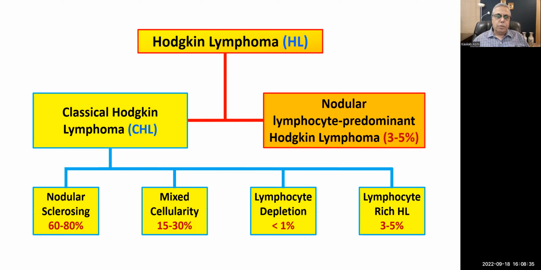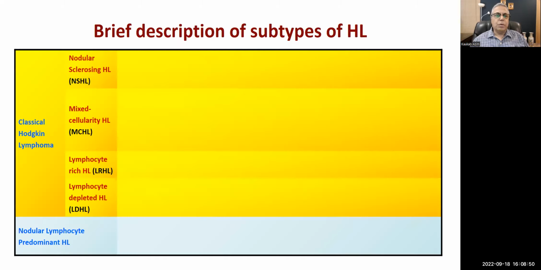Okay. So this is the division or classification that I expect you to know. In these cases, most of the times we have got certain protocols that are more or less the same, and I'll come to those protocols.